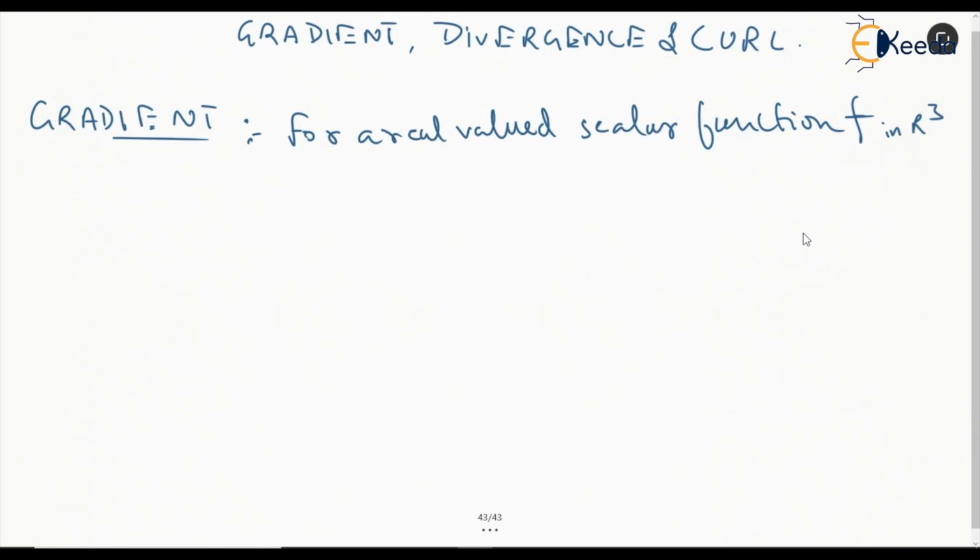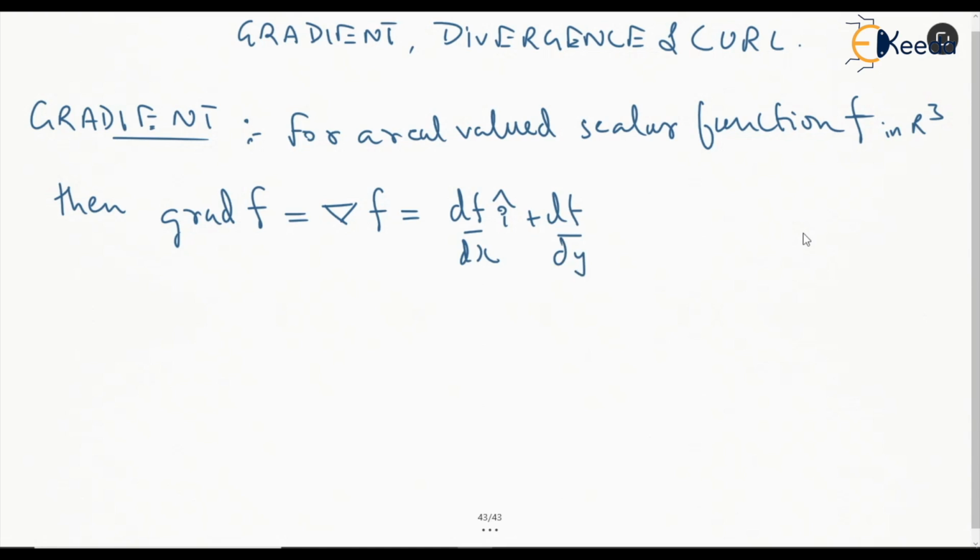Then the gradient of f, which can also be given as del f, is actually df by dx for I, df by dy for j, and df by dz for k.